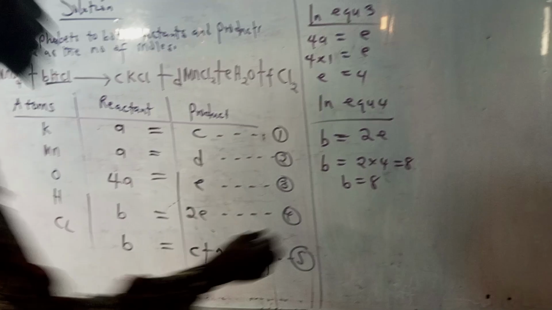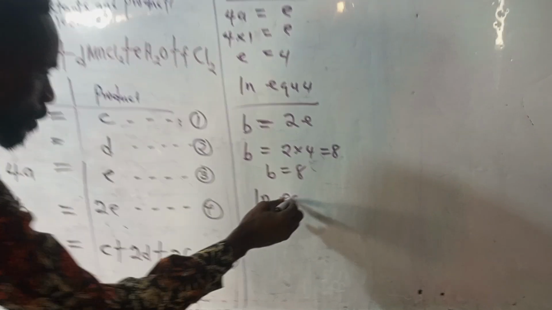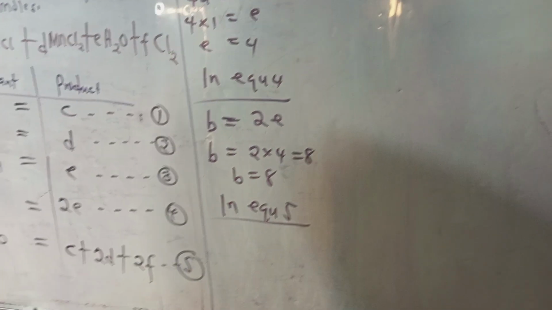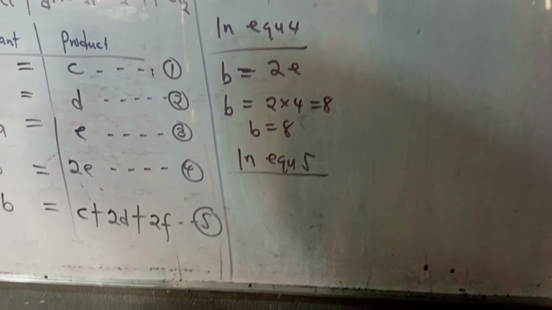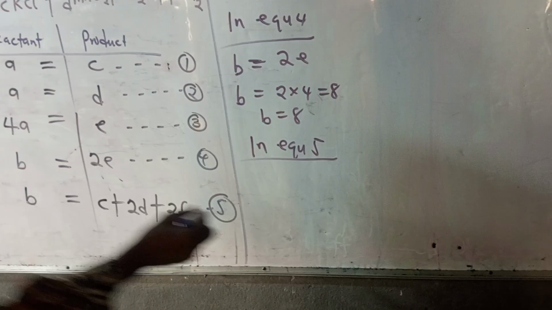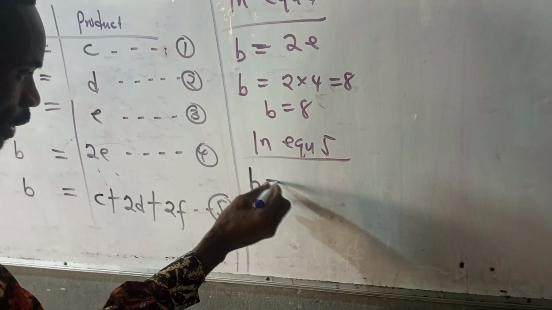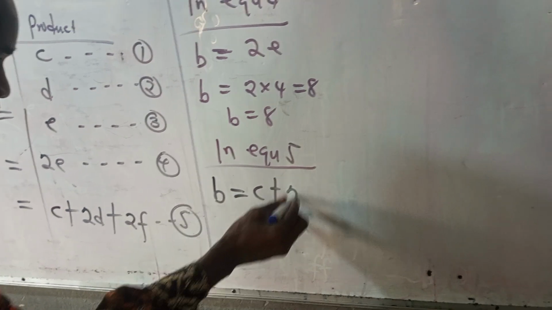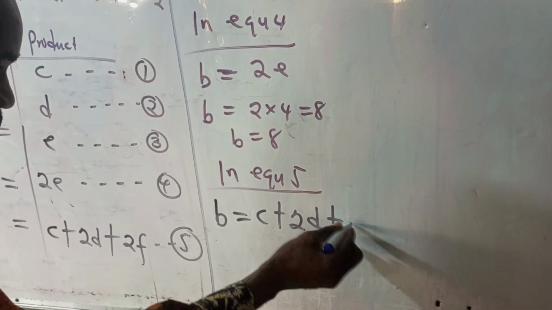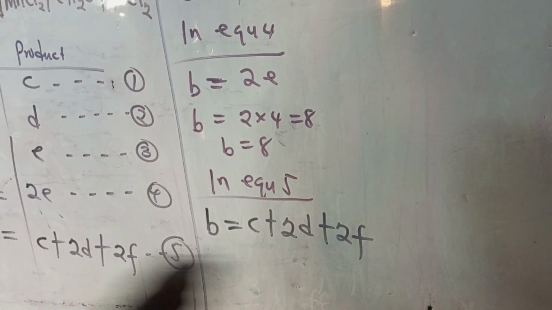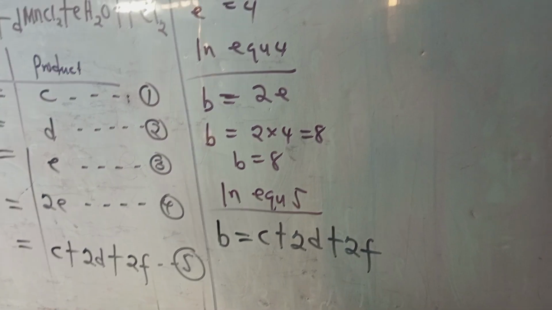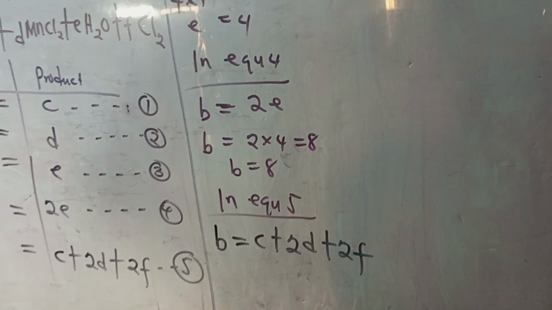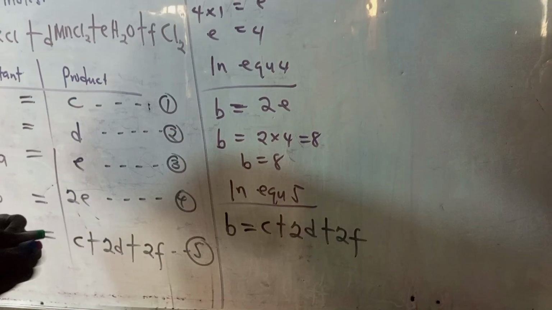What is left now? The last equation, equation 5. In equation 5, we have that B is equal to C plus 2D plus 2F. Now we input the values one after the other.